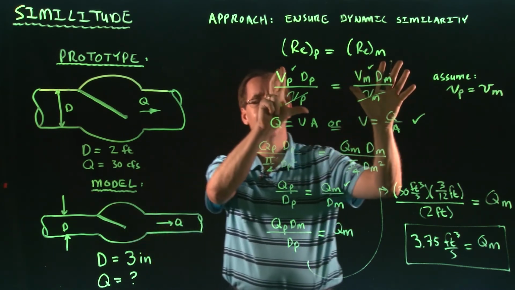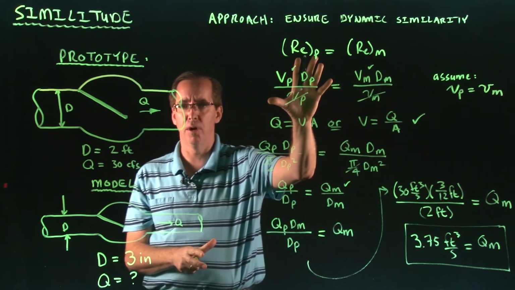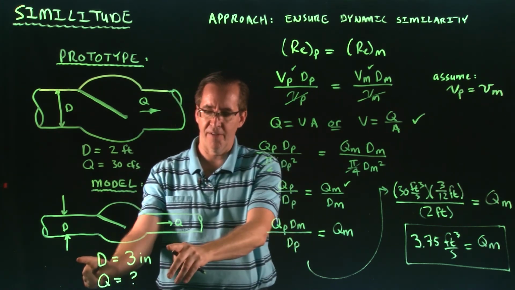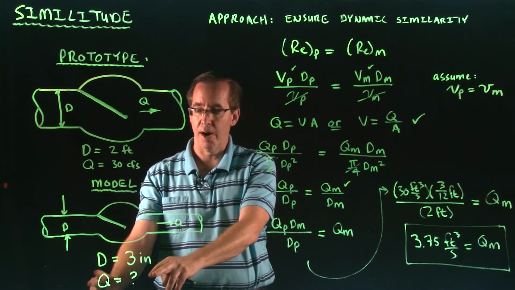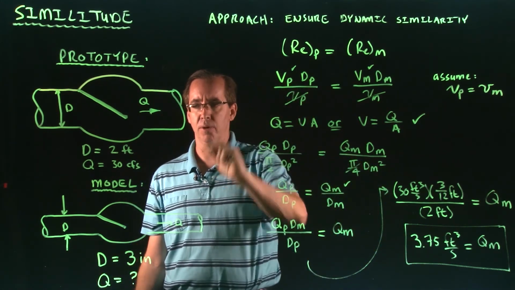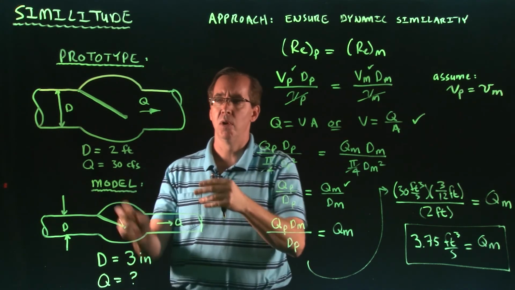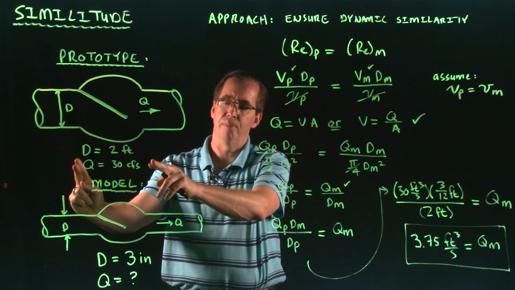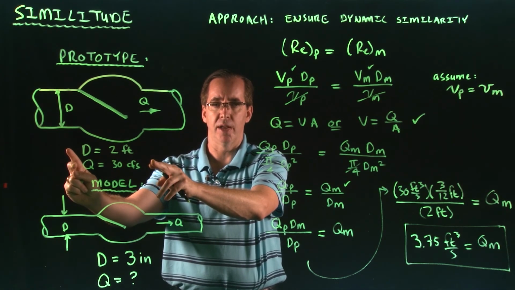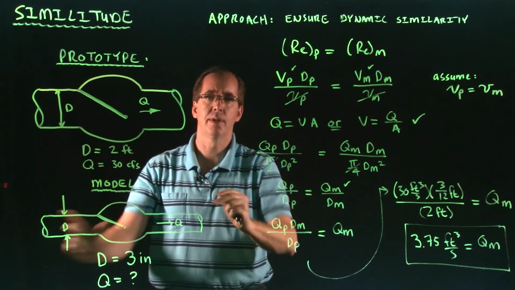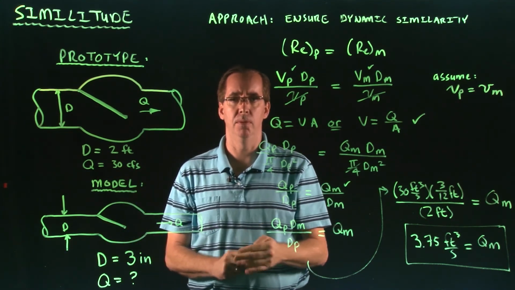On the dynamic similarity side, we use the Reynolds number approach, and we found that the flow conditions for a 3-inch check valve operating at 3.75 cubic feet per second is similar to the flow conditions experienced when you have a 2-foot diameter check valve operating at 30 cubic feet per second, which would be what you see, for example, in a water system versus what we have here in a lab. And with that, that concludes our example similitudes.